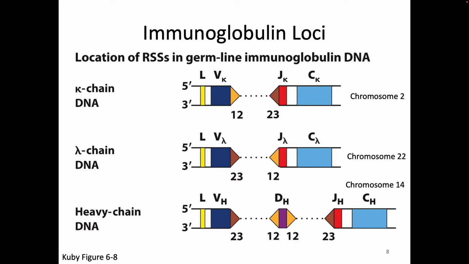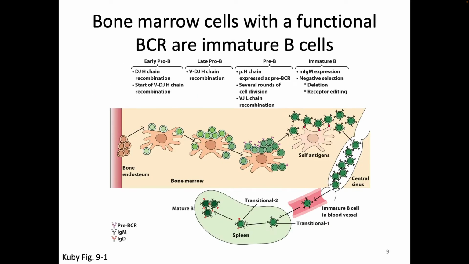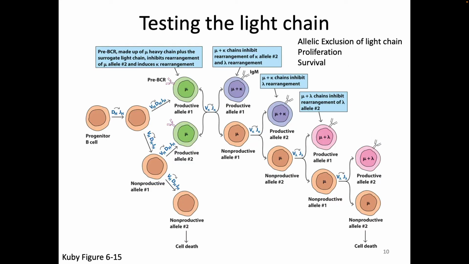That's really all we know about it. If that cell is successful, then that B cell is going to get to go into this selection process that we'll come into. If not, it's going to try again.